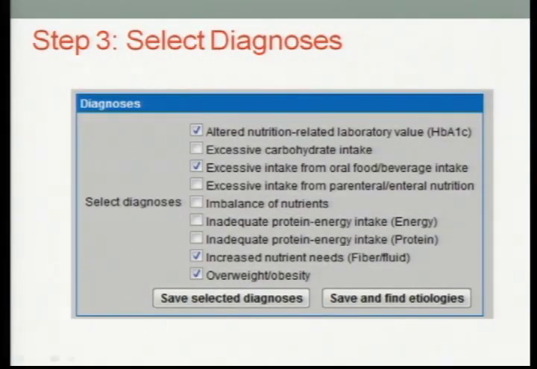So this is the diagnosis list that would come up potentially. You select the ones that you think are appropriate for your patient, and then you click Save and find etiology. So then the computer says, okay: altered nutrition-related lab value, hemoglobin A1C, excessive intake from oral food and beverage, increased nutrient needs, fiber, fluid, overweight or obese.